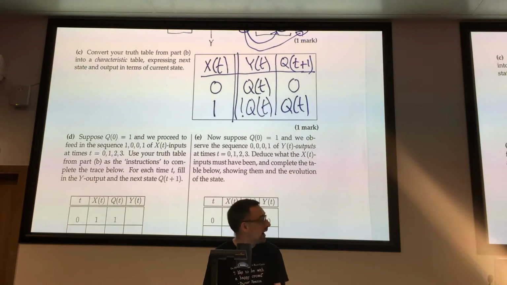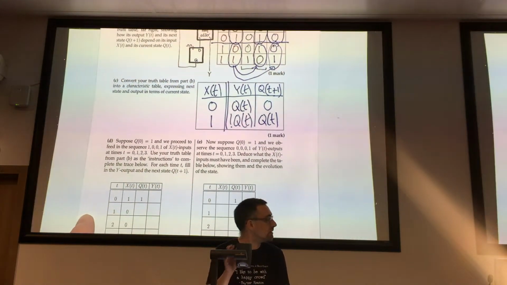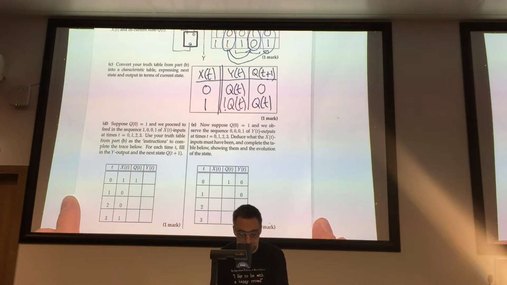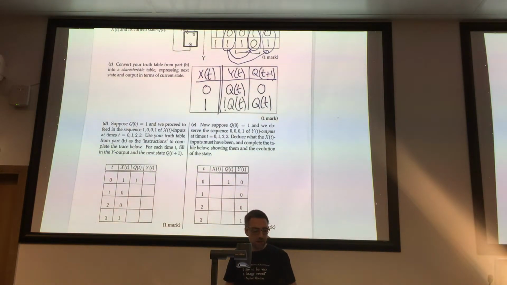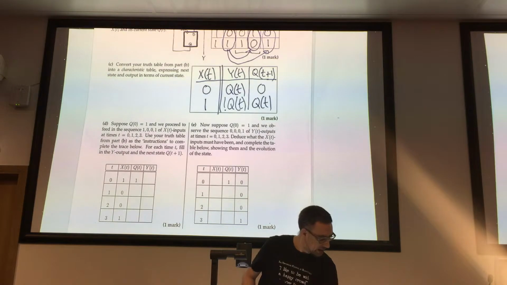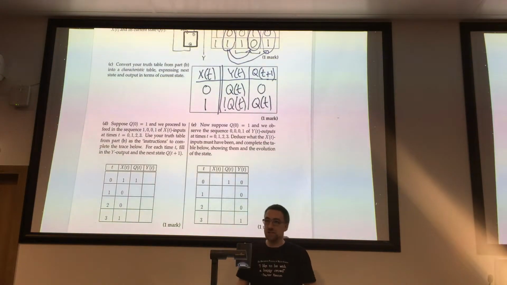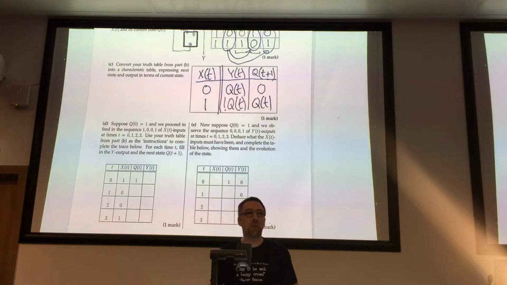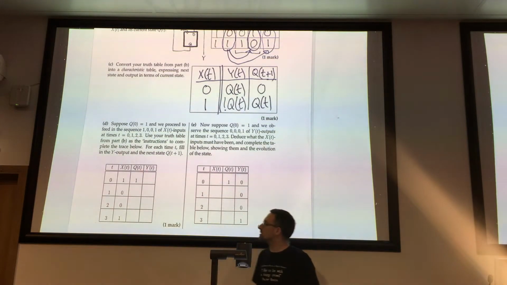Okay. So what we're asked in the last part of the question is two things. We're asked just to say what's going to happen if we feed in some particular inputs.